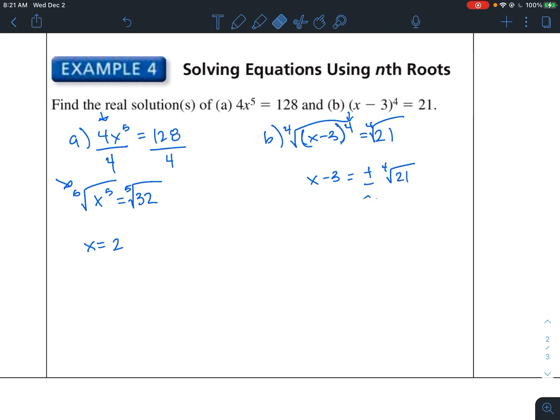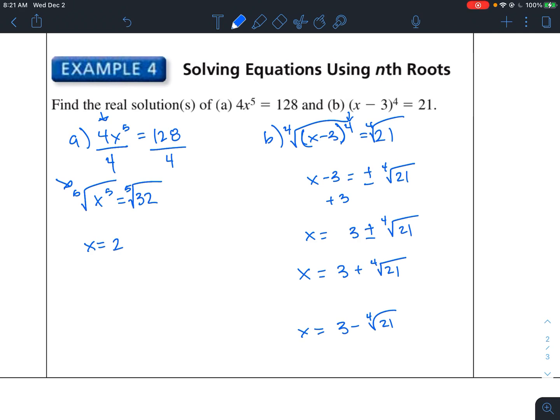Now here I can add the 3. So I know x is equal to 3 plus or minus the 4th root of 21. If I were to write those answers separately, it'd be x is equal to 3 plus the 4th root of 21, and x is equal to 3 minus the 4th root of 21.